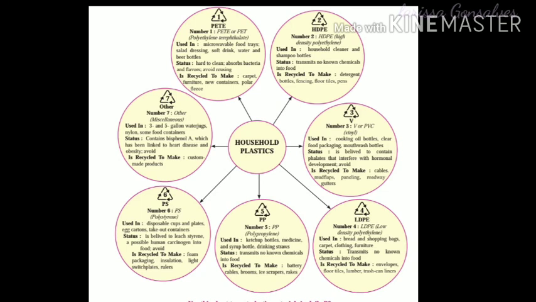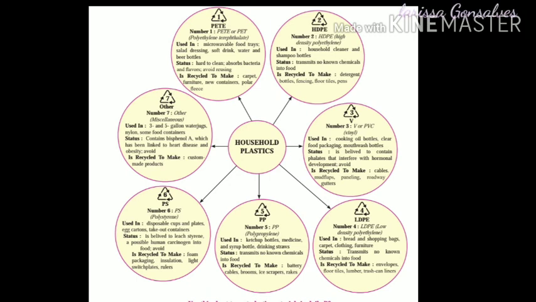The name is polyethylene terephthalate, and it is used in microwavable food trays, salad dressing, soft drinks, water, and beer bottles. The current status is it is hard to clean, it absorbs bacteria and flavors, and it avoids reusing. You can recycle this plastic to make carpets, furniture, new containers, polar fleece, etc.